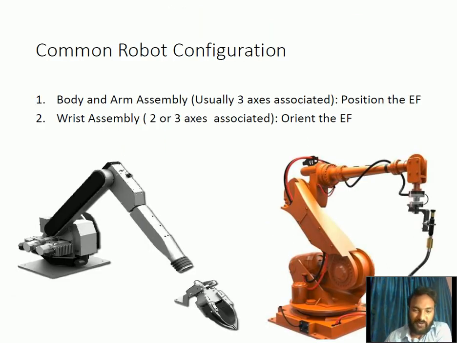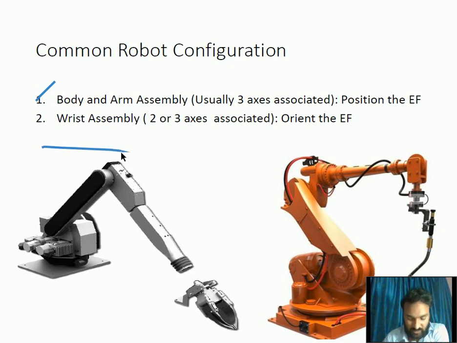So, common robot configuration: robots are made of mainly 2 parts, and we can classify the various parts in 2 ways. First is body and arm assembly. There would be thousands of parts, but in a broader category, when we classify a robot, it has a body and arm and wrist assembly.